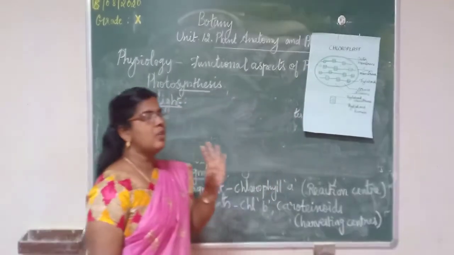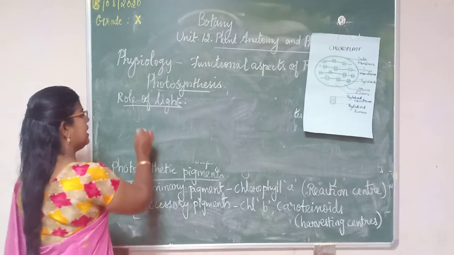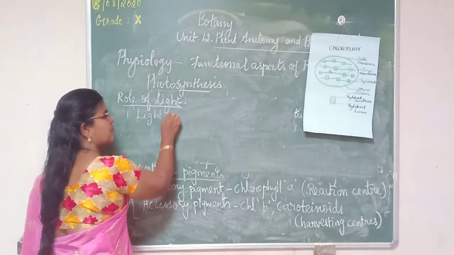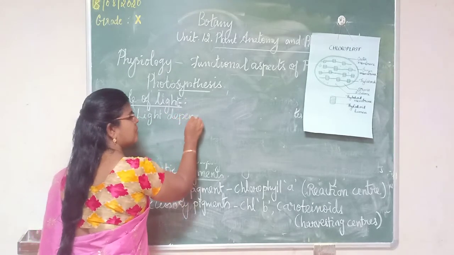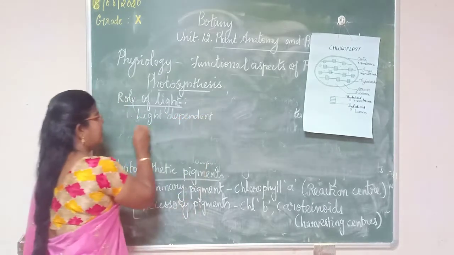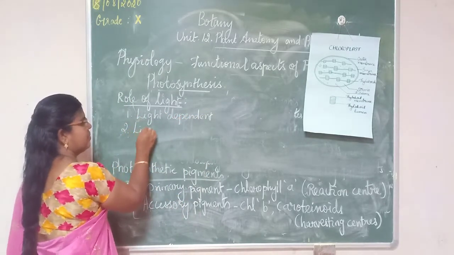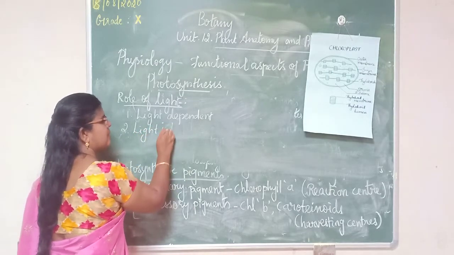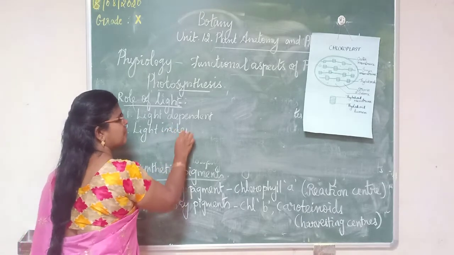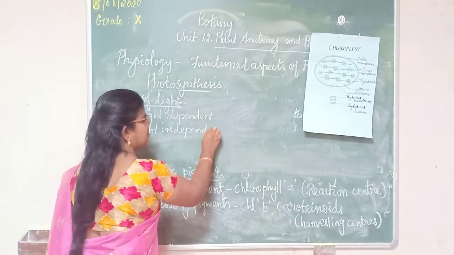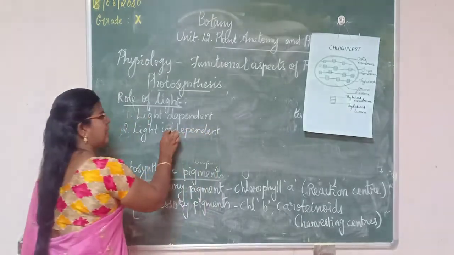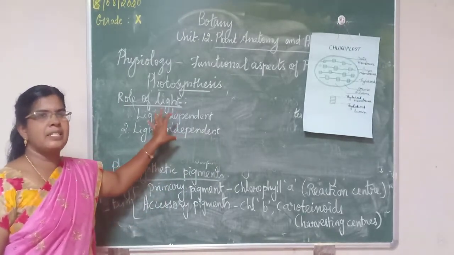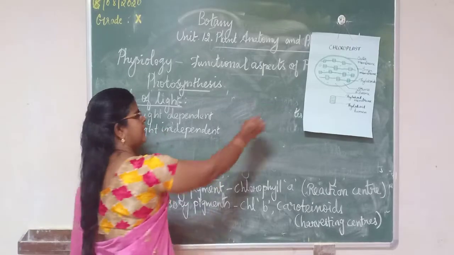They are the light dependent reaction and the light independent reaction. These two photosynthetic reactions take place inside the chloroplast.